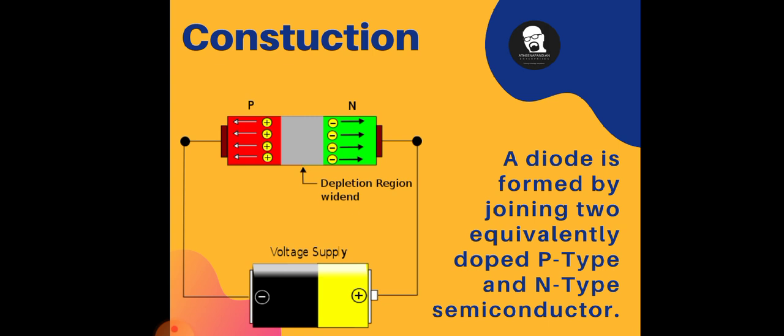So such ions form a layer near the depletion region, right? That depletion layer is called the barrier or junction potential, right? In the notes, the explanation regarding this point is given, so read it carefully.